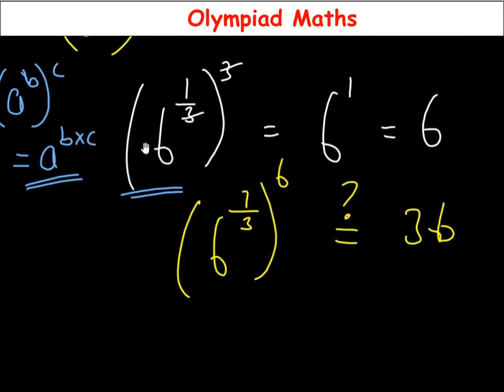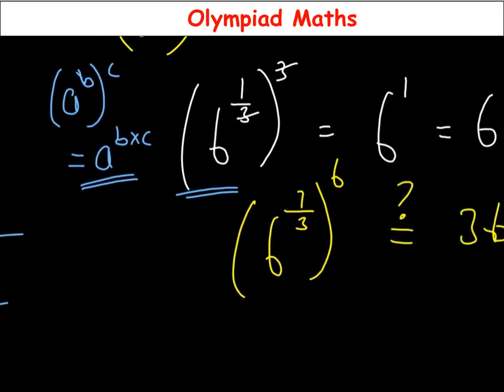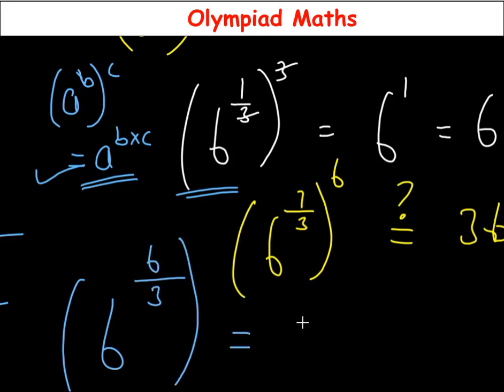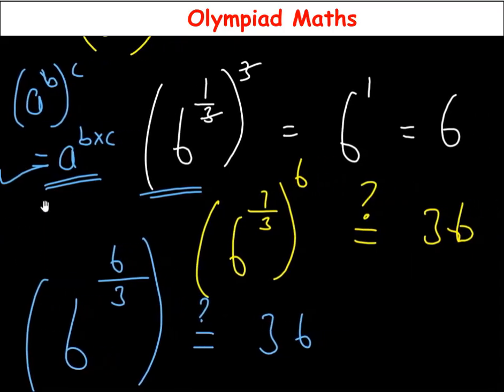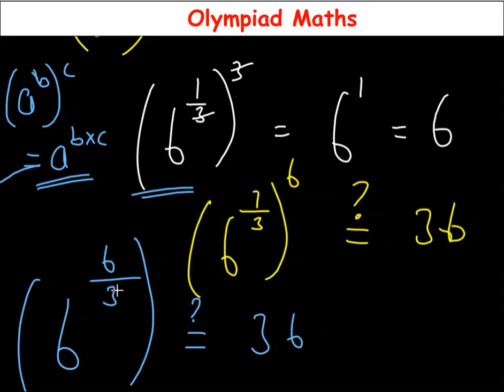Now from here, still applying this same principle, power 6 will multiply 1 over 3. That will become, in brackets, 6 raised to power 1 times 6 over 3, equal to 36? From here, solving this further, 6 divided by 3 is 2.